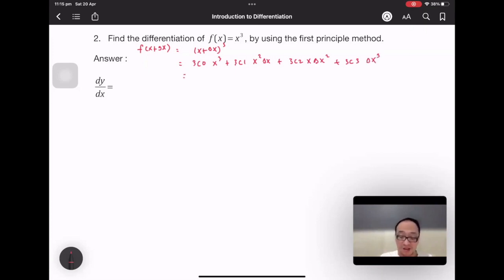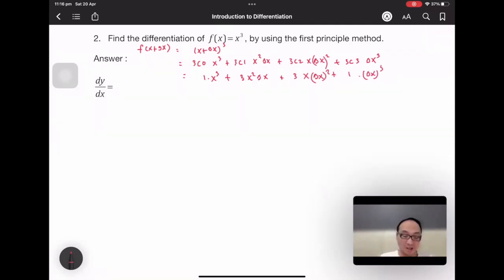So if we simplify, it becomes 1 times x cubed plus 3 x squared delta x plus 3 x delta x squared plus 1 times delta x cubed.